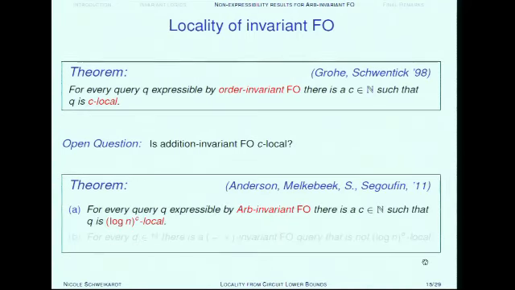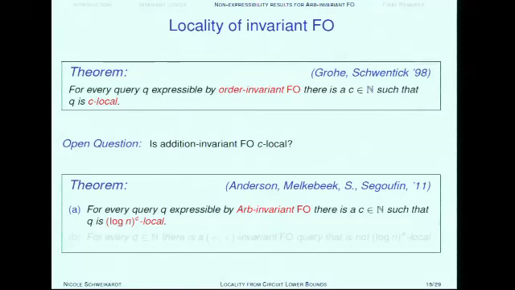But what we do know, and that's a joint result with Matt Anderson, Dieter van Melkebeek, and Luc Segoufin from last year, is that we have locality with respect to a polylogarithmic locality radius. So the theorem says for every query Q that is expressible in arithmetic-predicate invariant first-order logic, there is a number c that depends on the query, such that the query is (log n)^c local.